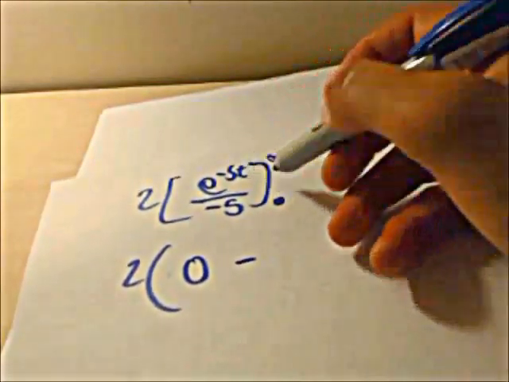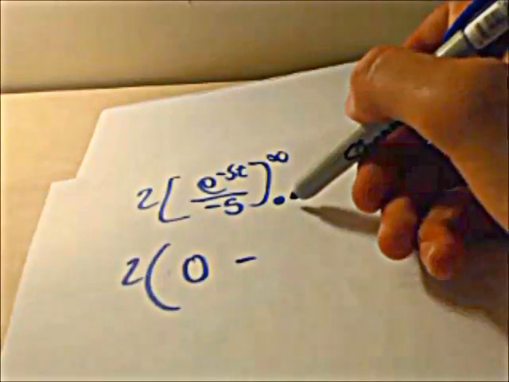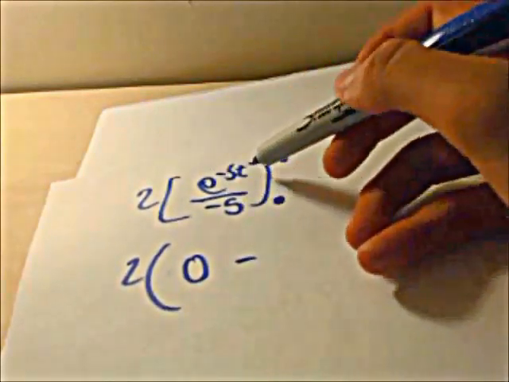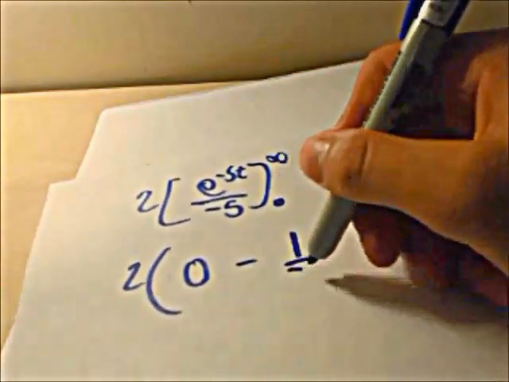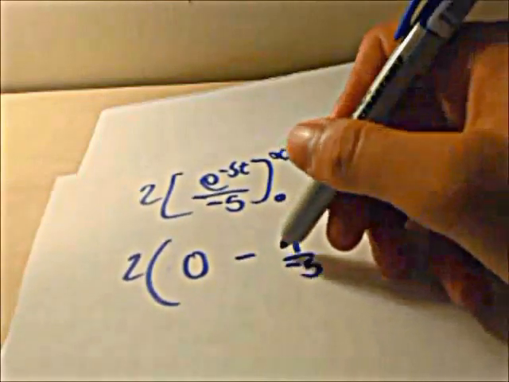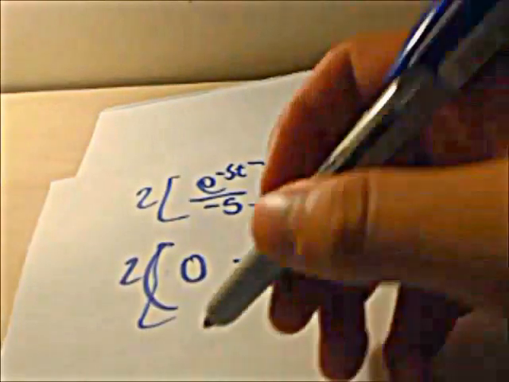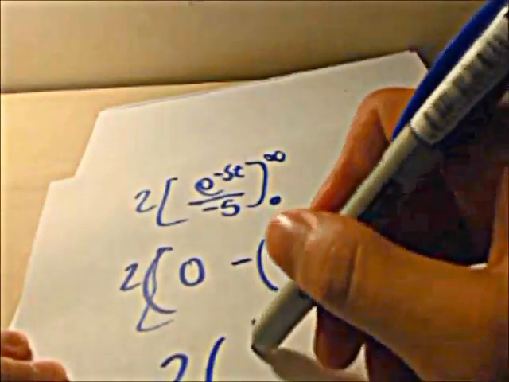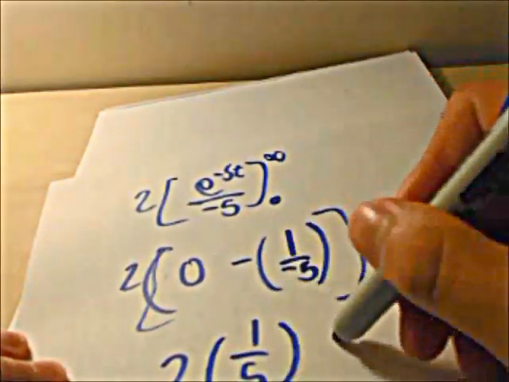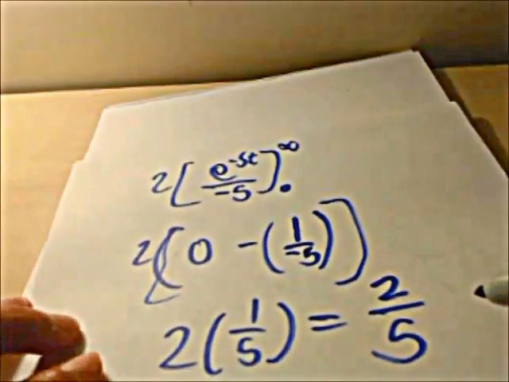Minus, if we substitute t with 0, e to the power 0 is just 1, so it's going to be 1 over minus s. And if we simplify that, minus of the minus is positive, so we get positive 1 over s, and that would equal 2 over s.